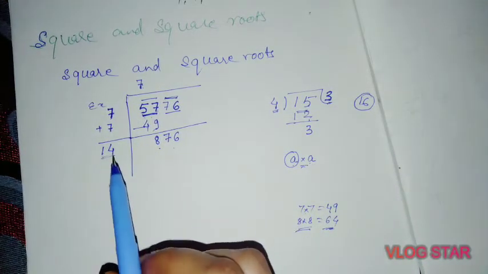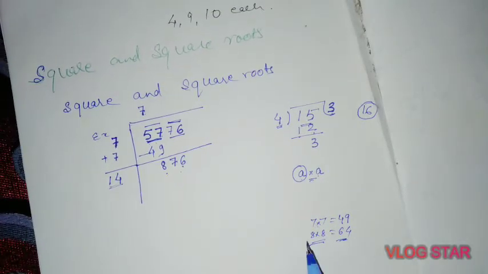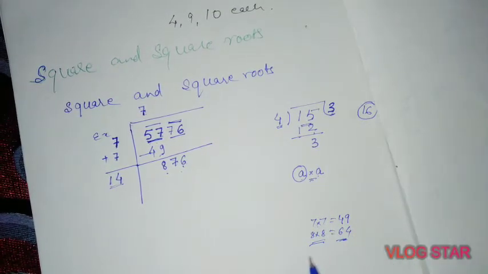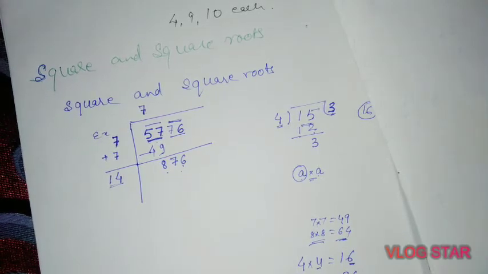Now 14 is there and the last digit is 6. You have to recall the properties of the square root, where the last digit 6 is there in a square number. Now we see that 4 into 4 is 16. On 16 we get the last digit as 6, and 6 into 6, 6 6s are 36. Here also we get 6. So either you have to divide it 4 times or 6 times, so that on multiplication you get the last digit as 6.